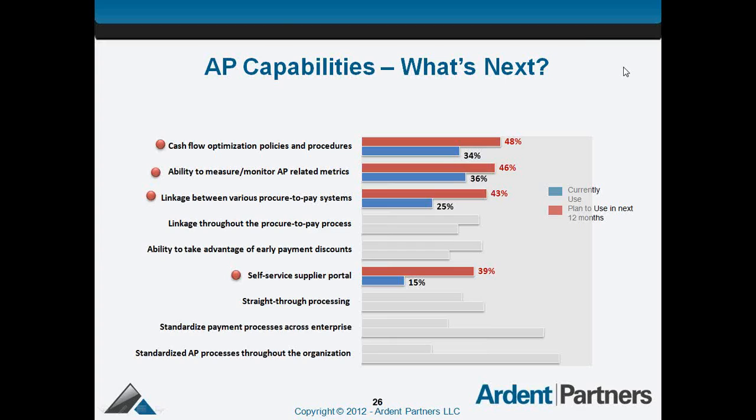Essentially, a transaction does begin in procurement and ends in AP, and all the while, both parties are interacting with the suppliers, and they're really two sides of the same transaction. And the extent to which the systems and the processes can be linked will enable organizations to more holistically manage that process.